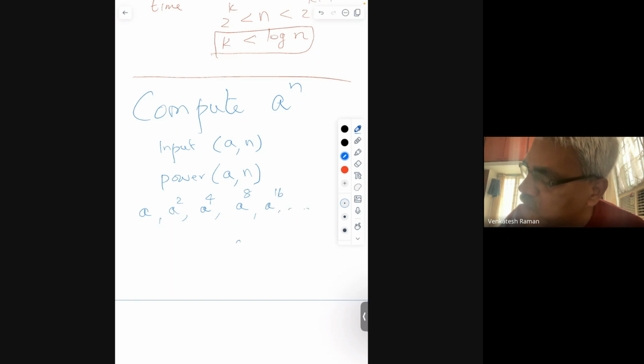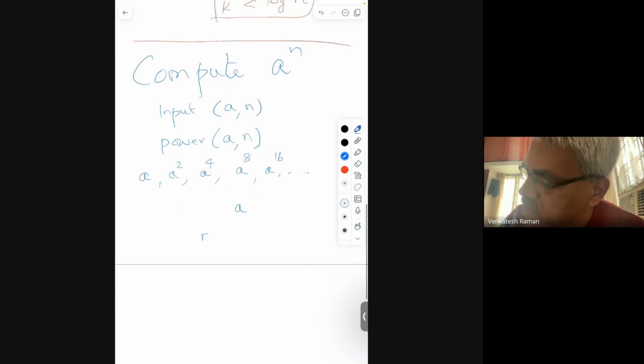Eventually I'll go above n, because any n is always between 2 power k minus 1 and 2 power k. The moment I get to a power 2 power k minus 1, the next step I compute a power 2 power k, I might have gone beyond n here.